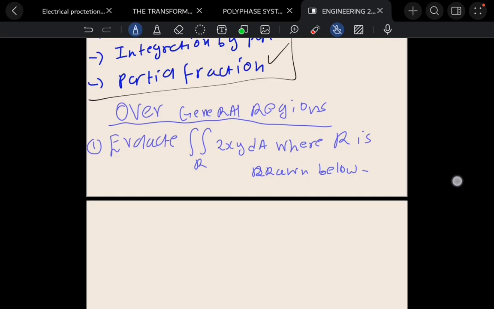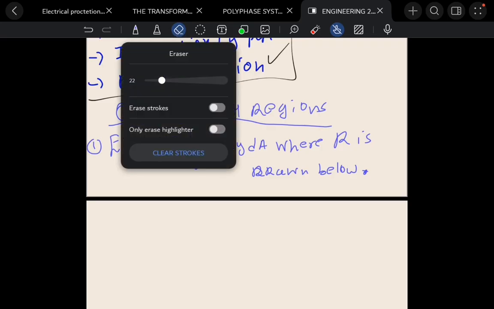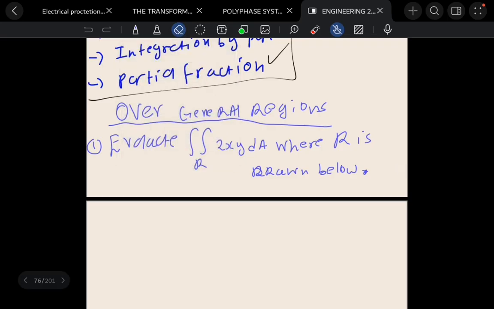Now R is drawn below. I am giving you the drawing for now.